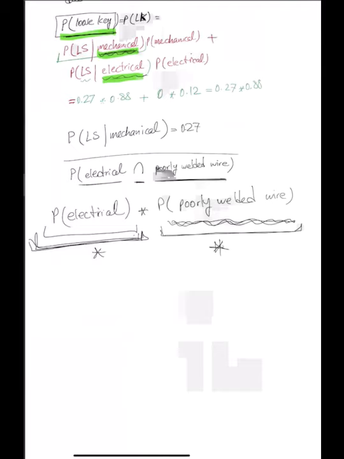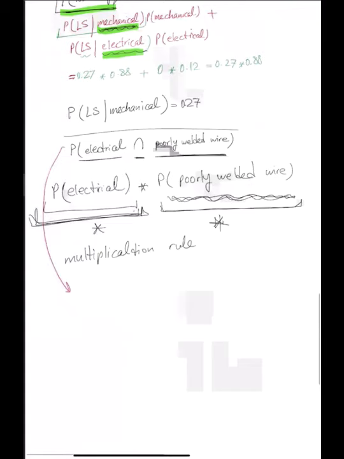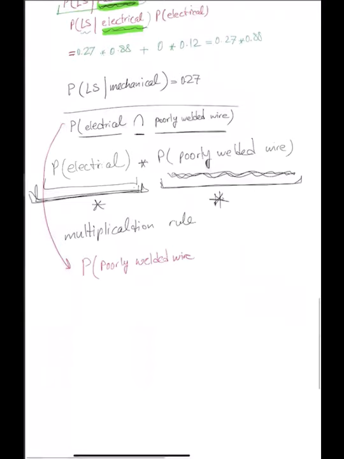So they're not independent. If you remember the multiplication rule from the previous session, can you tell me how I can rewrite this probability, the probability of poorly welded wire and electrical? Do you remember the multiplication rule when we said the probability of A and B?